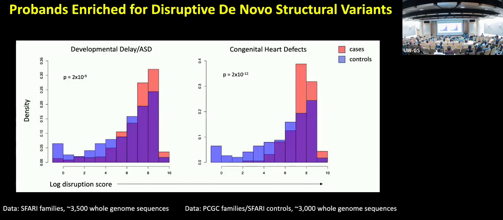We saw the same thing in another large cohort of whole genome sequences from families with children with a congenital heart defect. And so, while this doesn't prove in any individual patient, as Stephen was talking about, being able to clinically execute on a specific variant and say that it's causal, it does show that at a cohort level this mechanism of disrupted genome folding could play a role in both of these developmental disorders.